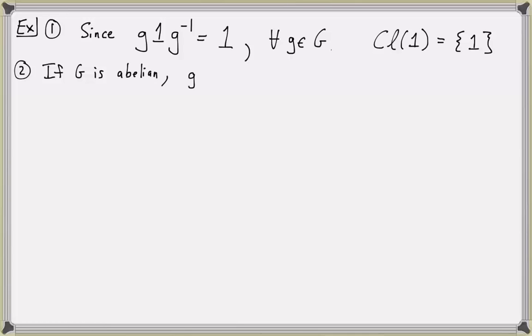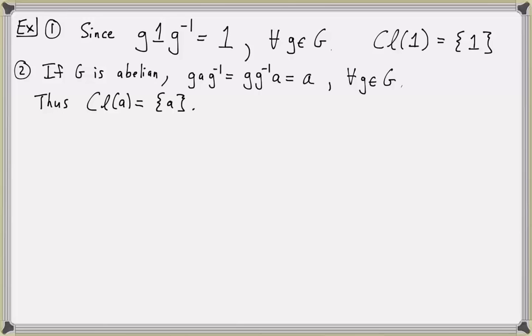So G A G inverse would be equal to G G inverse A, which would just reduce to A for any element G in G. So we see the conjugacy class of A, again, is just the set containing A, and this is the conjugacy class for any element A in G. So if G is an abelian group, then all the conjugacy classes contain exactly one element.